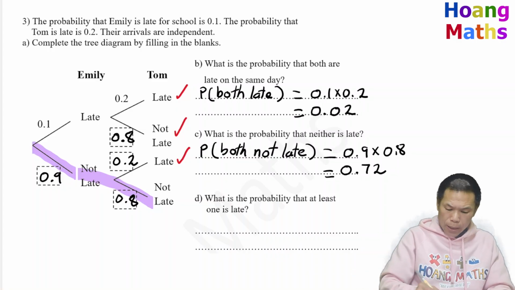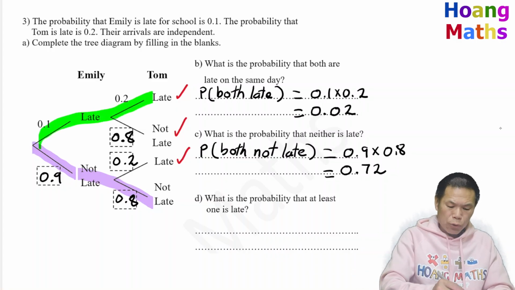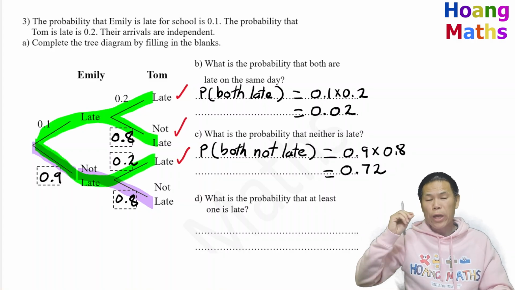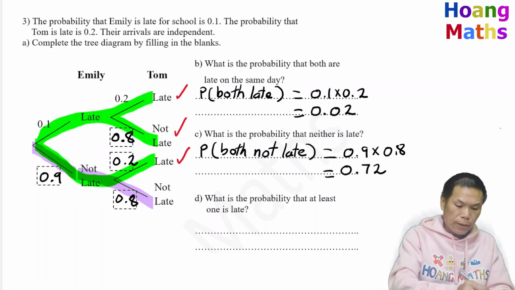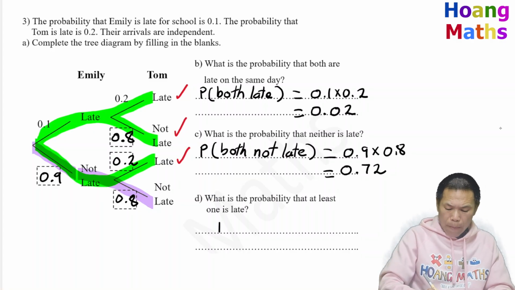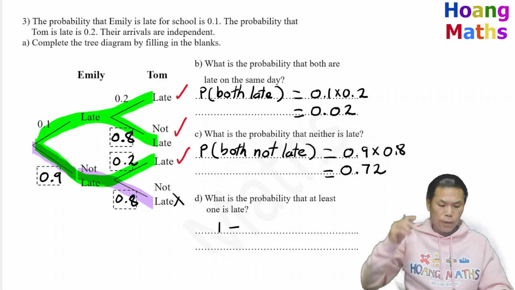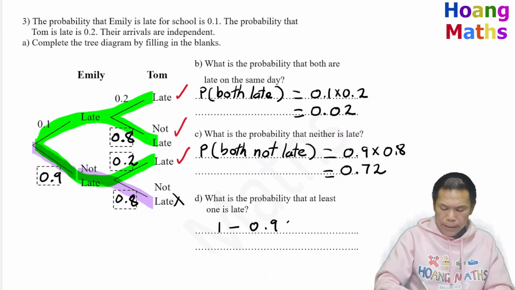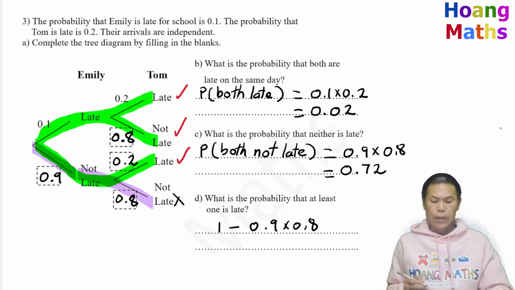So that means we have this times together, this times together, this times together, and we add them up. But quicker if we go 1 minus this branch here, because we do not want both of them late. Okay, so 0.9 times 0.8. So that's what that meant.